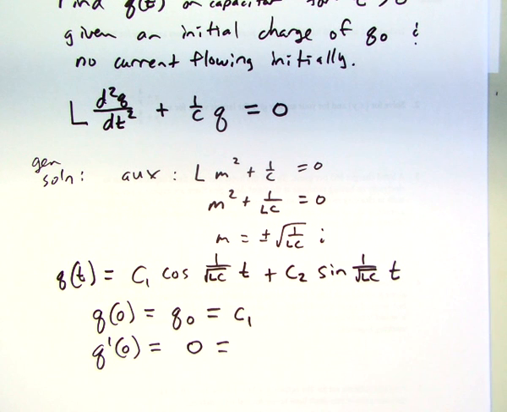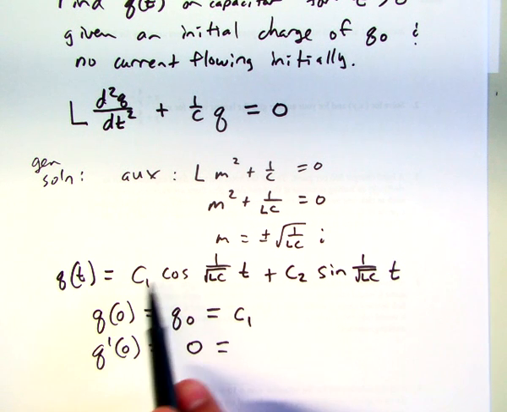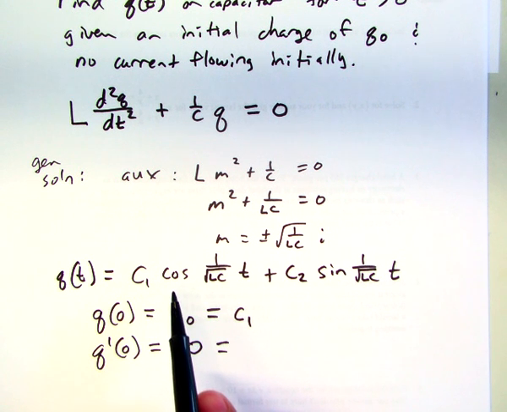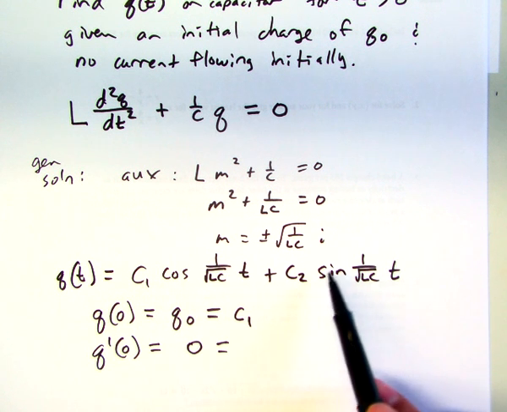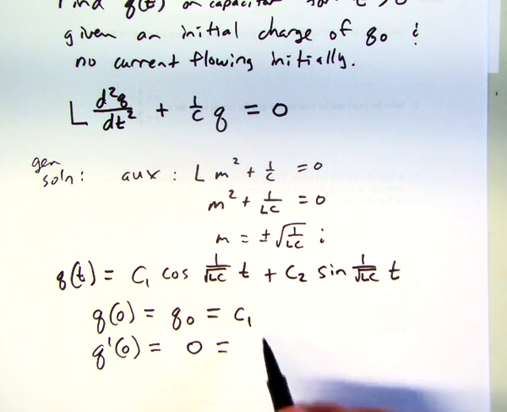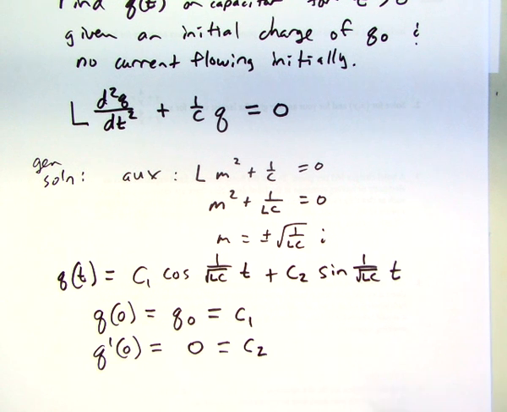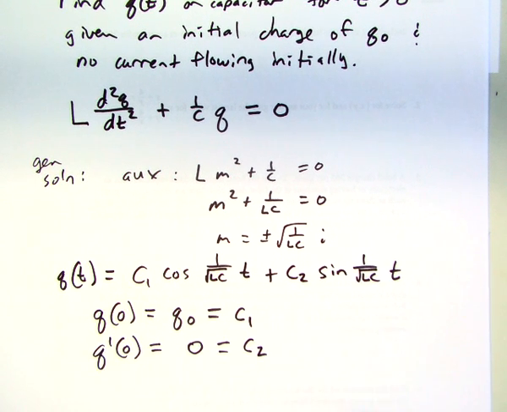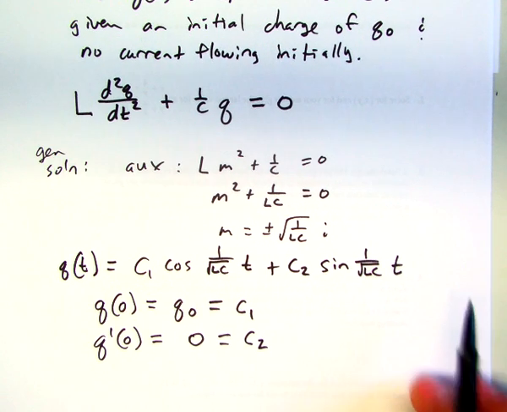Here we get minus C1 times 1 over root LC times sine, and that term's going to go away. Here we get cosine of 0, but regardless, the coefficient in front will cancel out. C2 has to be 0.